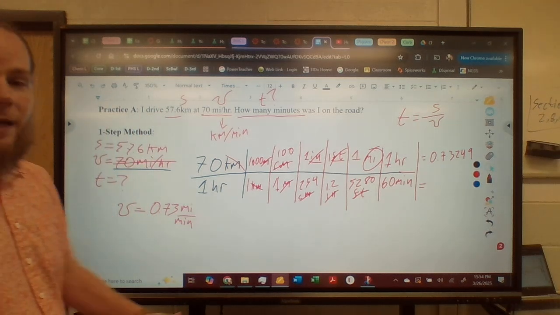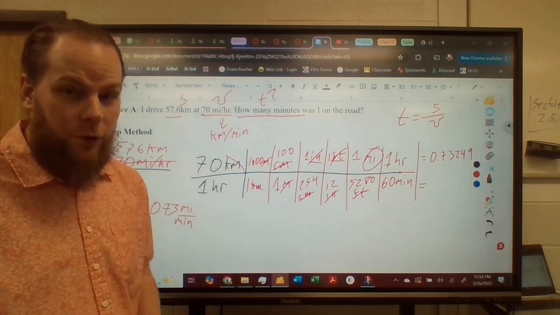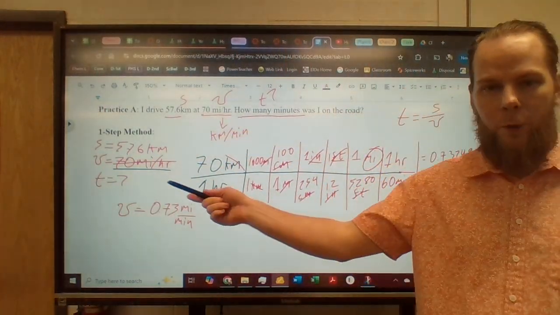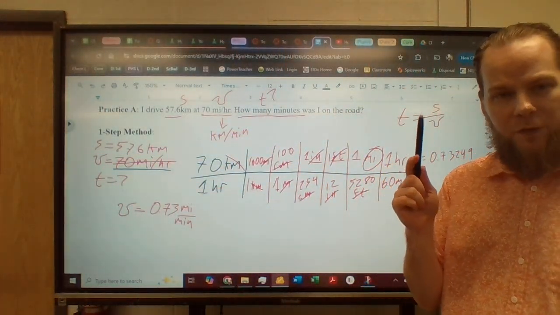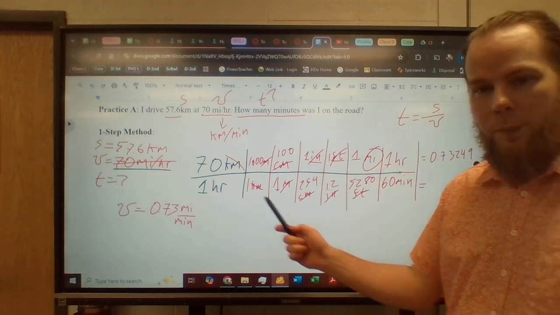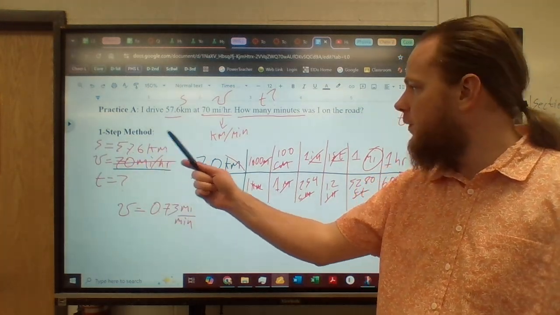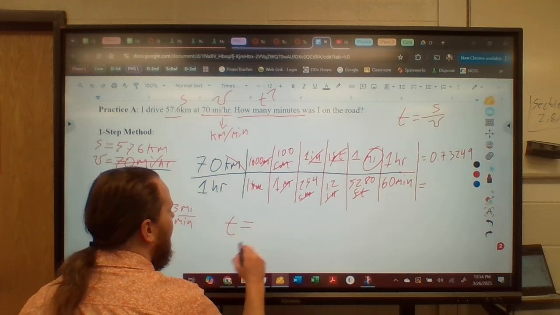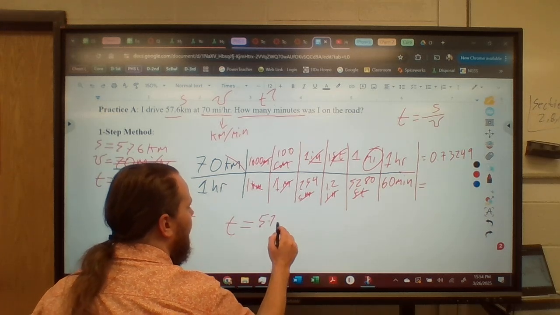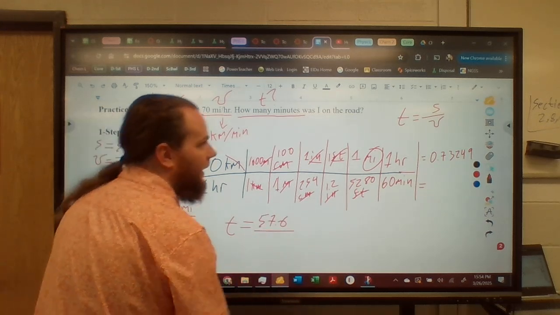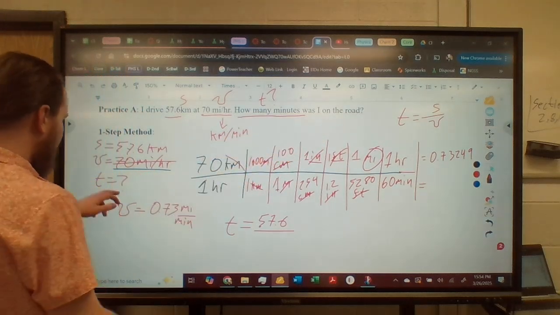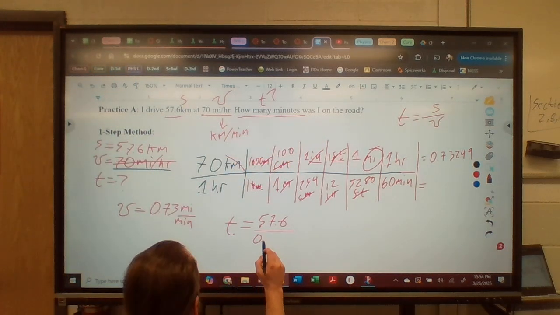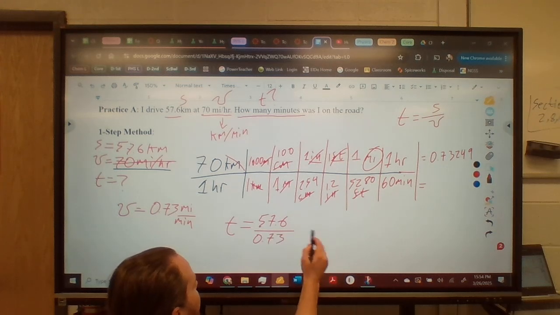Okay, now we can plug this into our equation to calculate the thing we're looking for, T. So we take S, we divide it by V. So we plug in our S, which is the 57.6 here. So T is equal to 57.6 divided by V, which is our new number now, 0.73.